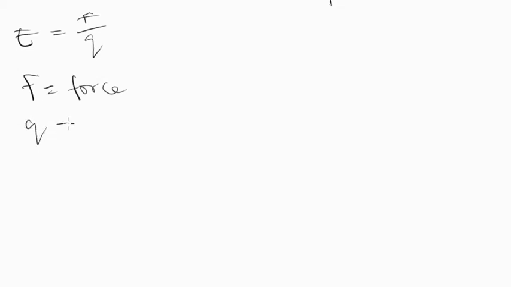Now, the electric field intensity is denoted by the symbol E, and E is equal to F over Q, where F is the force, and then Q is the charge.